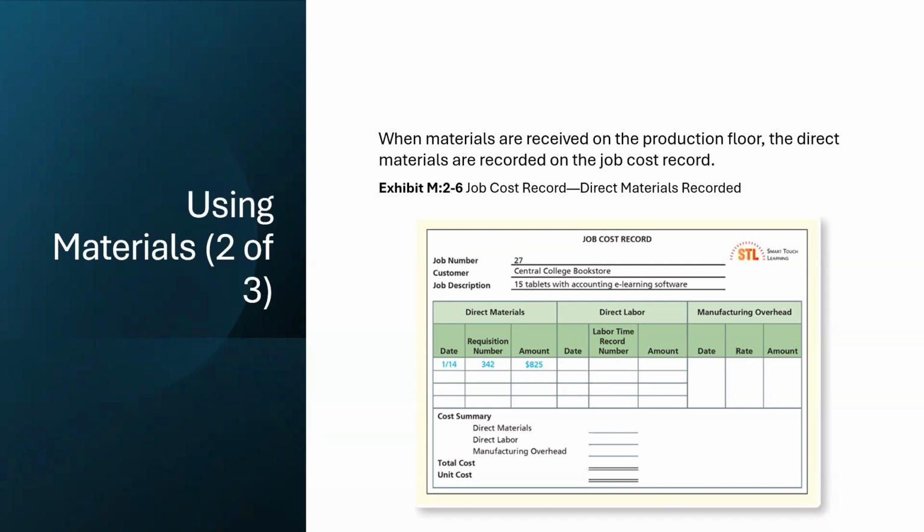So the raw materials added to job 27 from this material requisition are considered direct materials, because the batteries can be easily and cost-effectively traced directly to the finished tablet.